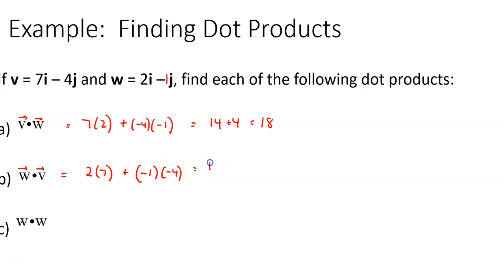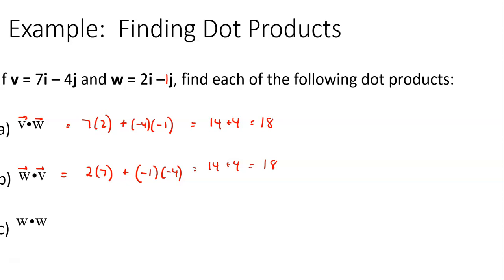So 2 times 7 is 14, negative 1 times negative 4 is positive 4, 14 plus 4 is 18. Oh, look at that. We get the same number. So it turns out the dot product is commutative. Why? Because all I'm doing is I'm switching the order that I multiply these numbers in, and multiplication is commutative. And so the dot product is also commutative.